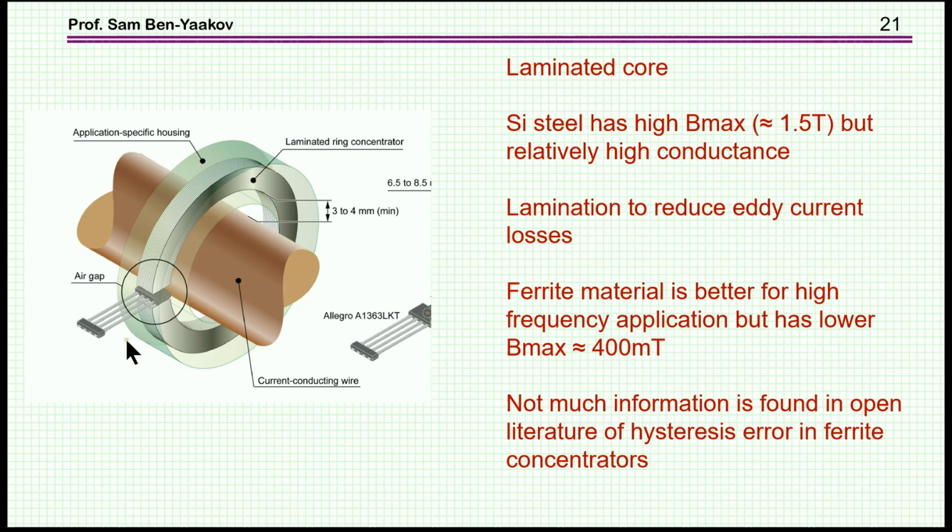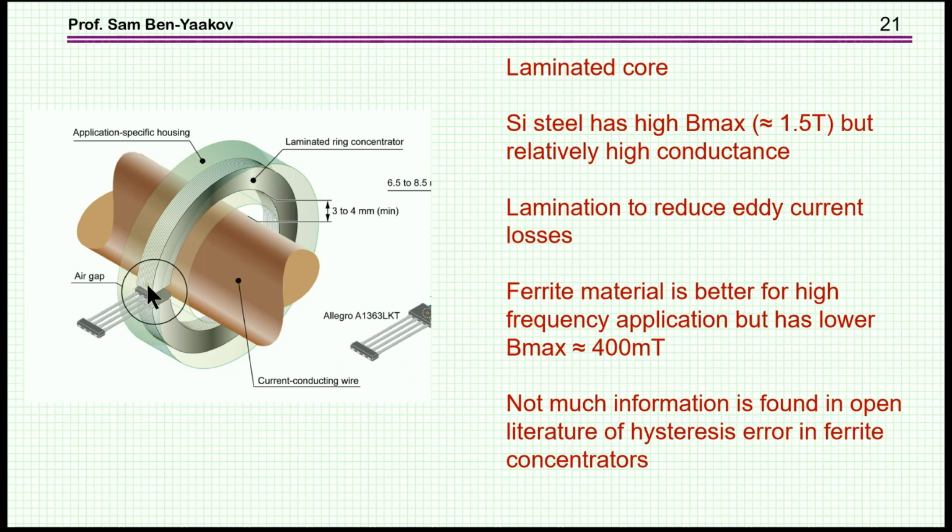So you have a high dynamic range. Now you need lamination because these sheets of steel have fairly high conductivity. So if the thickness is high, you have eddy current and there will be high losses, and therefore by having it laminated, the eddy current have a larger resistance, and therefore the losses will be lower.